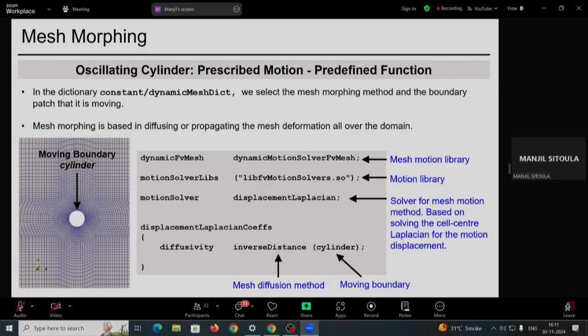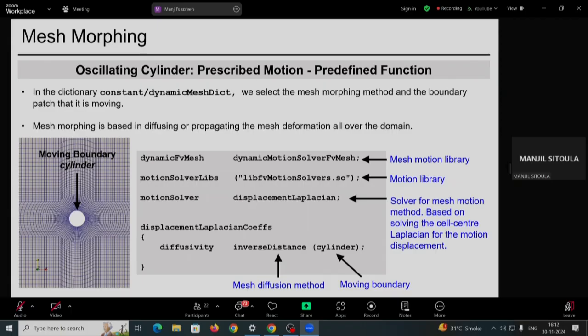In displacementLaplacian, we solve the Laplacian equation to find the mesh displacement, and there are also other equations, such as the SBR stress equation. When the mesh movement involves large rotations, then we can use the SBR stress, that is the solid body rotation stress equations, and solve for the mesh displacement or mesh velocity.